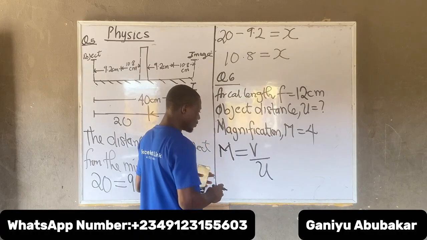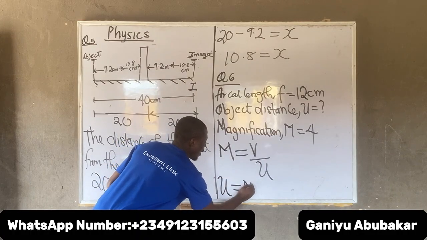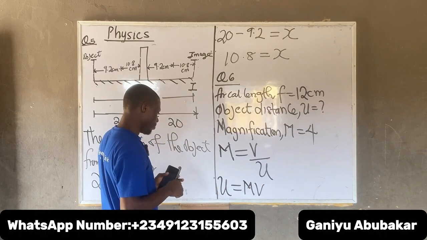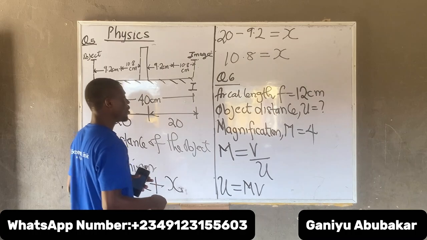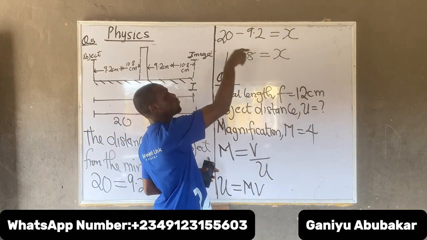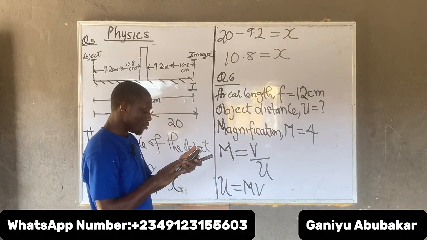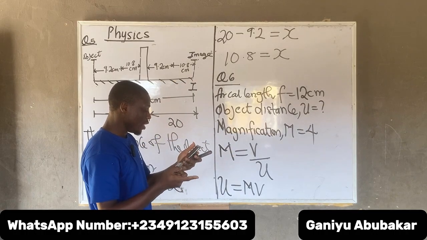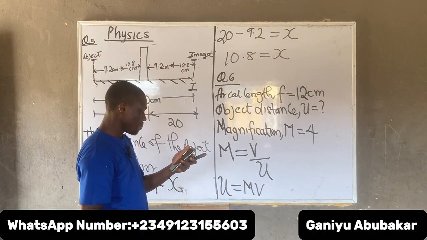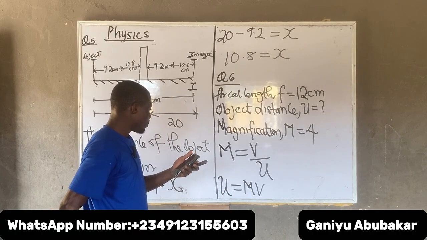Let me make u subject. It means that u will be equal to mv. This focal length here was brought from the idea of a convex lens. Let me check, yes, it was convex.